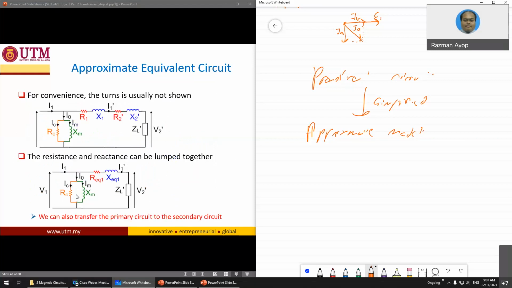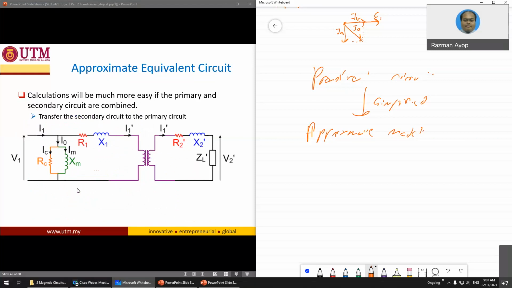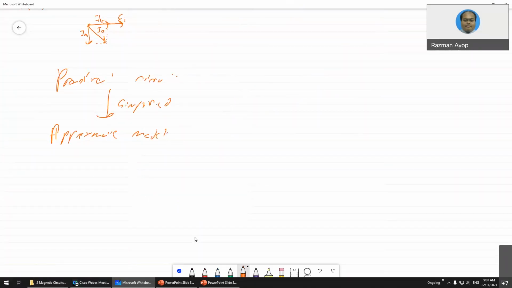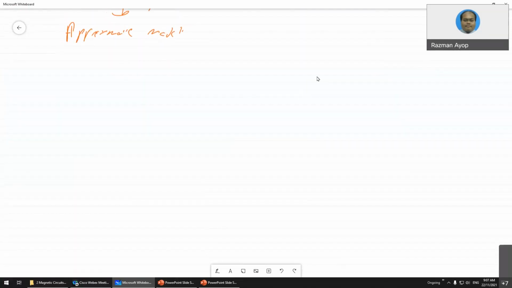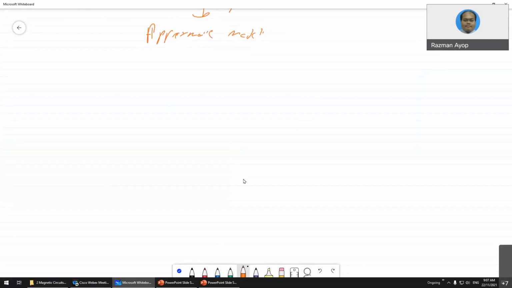Let me show you how to do this one by one. So you have an approximate circuit. This is not the practical. Practical is the RC and XM at the middle. So this is the approximate circuit.